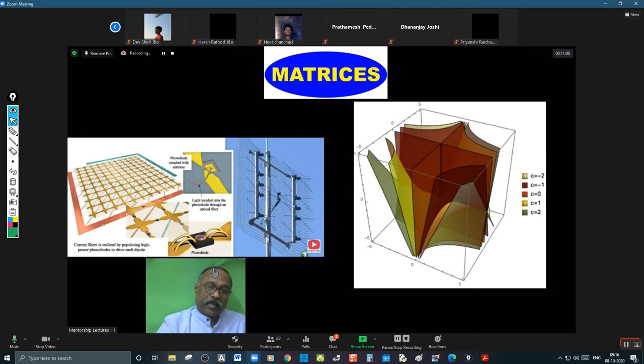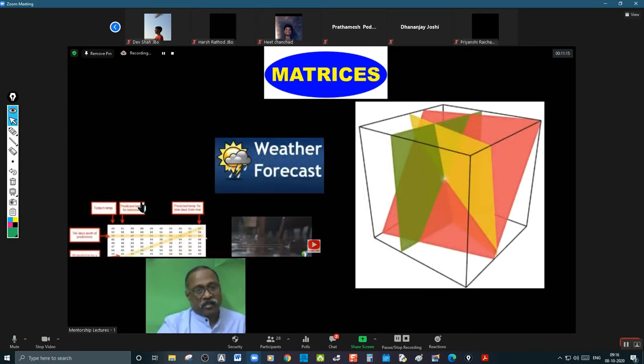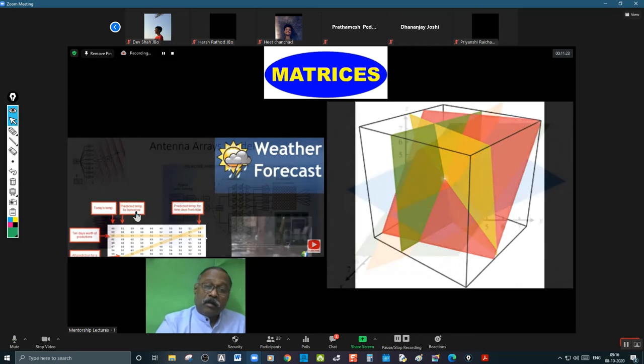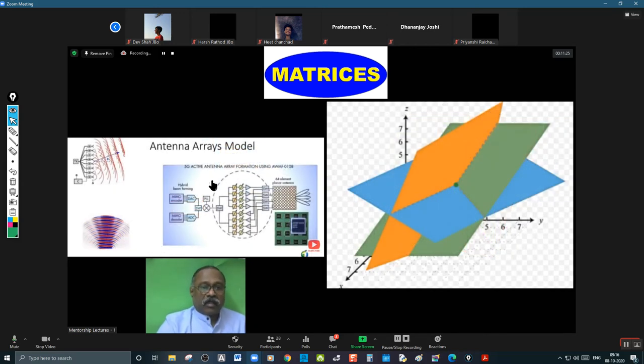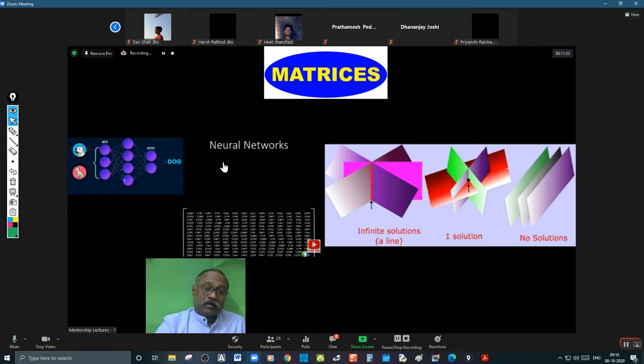In electrical circuits, just see, the formation is in the form of a matrix. Weather forecasting, or at the advanced level, all these use matrices only. Antenna array models, to see the perfect shape of this. And similarly, neural networks.